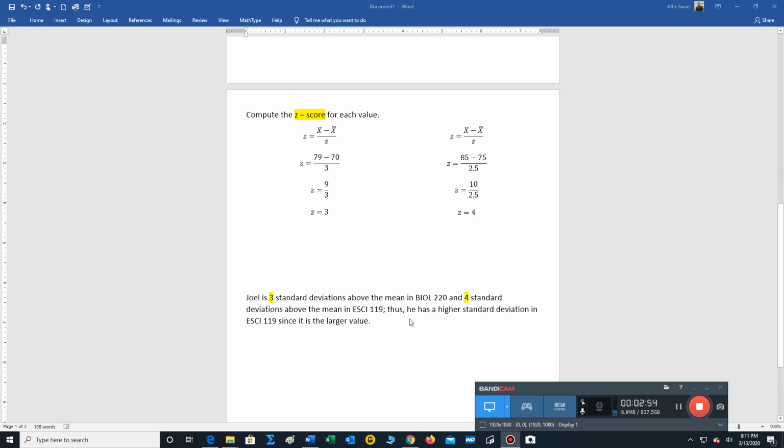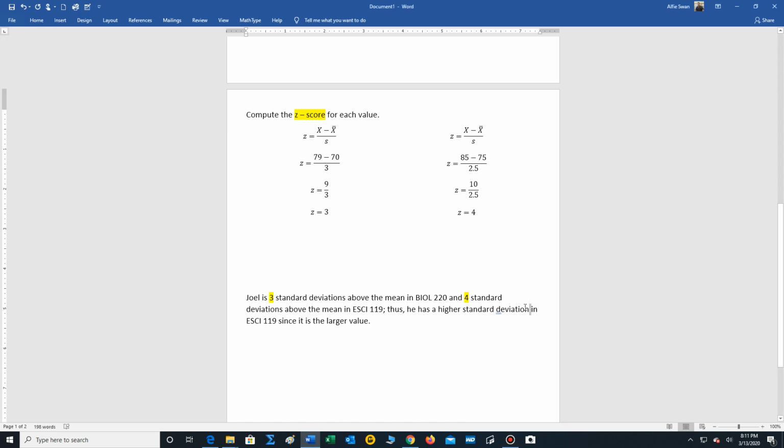And finally, we can come to our conclusion. We say that Joel is 3 standard deviations above the mean in the Bio 220 course and 4 standard deviations above the mean in the Earth Science 119 course. Thus, he has a higher standard position. Sorry, let me correct this.